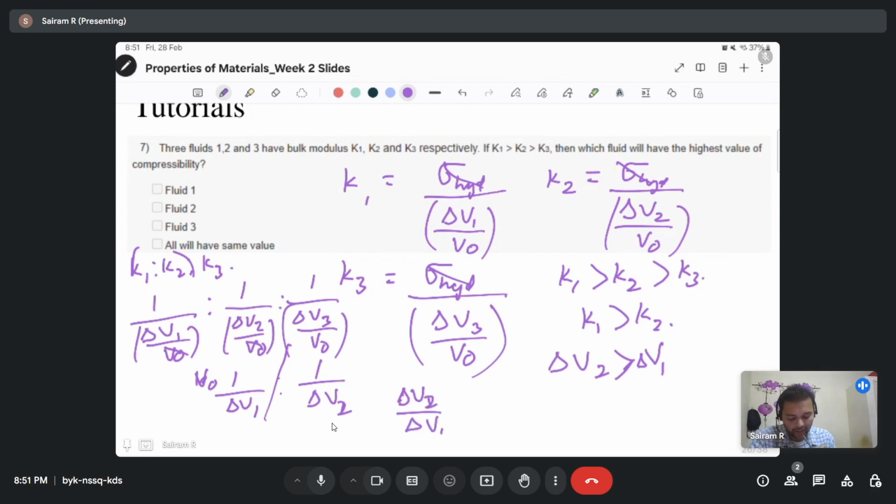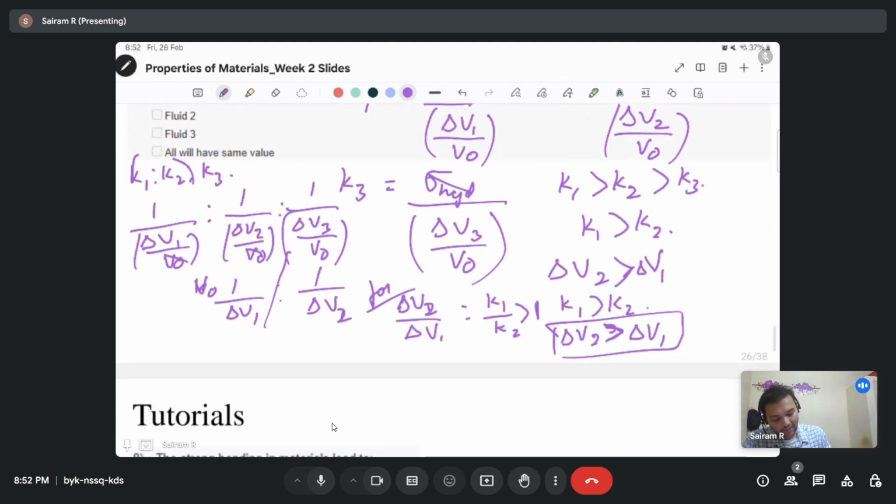We are comparing del V2 by del V1, and it's K1 by K2. If K1 is greater than K2, for this to hold true, del V2 should be greater than del V1, right?